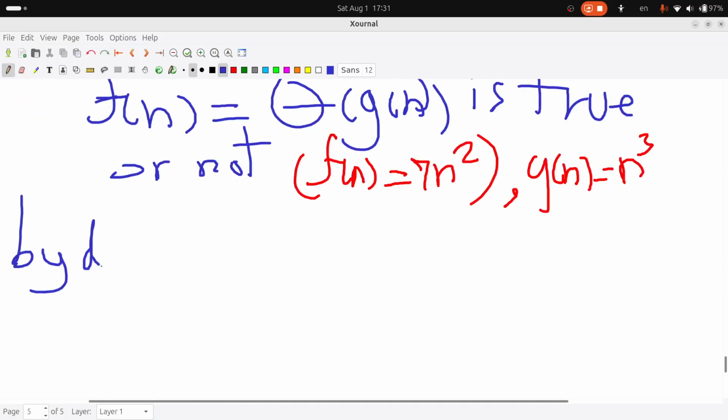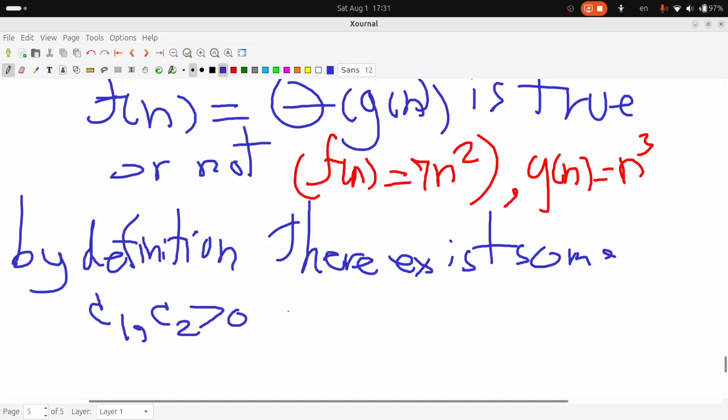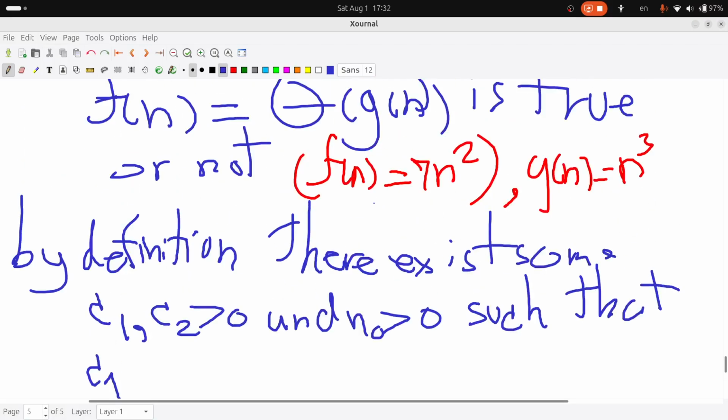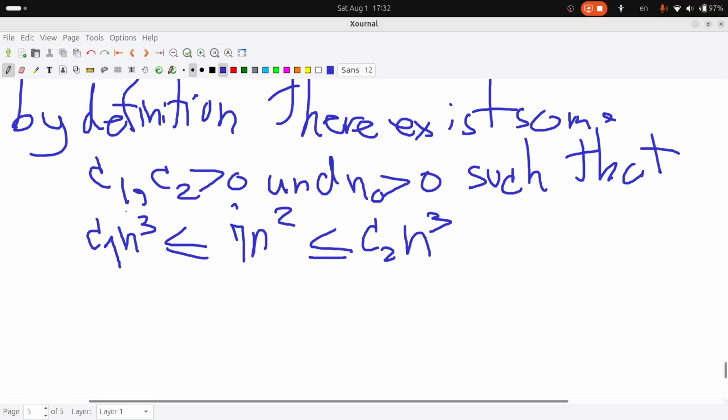By definition, there exist some constants c1 and c2 greater than 0, and a starting point n0 greater than 0, such that c1 times g(n), which is n to the power of 3, is less than or equal to f(n), which is 7n squared, which is less than or equal to the constant c2 times n to the power of 3.